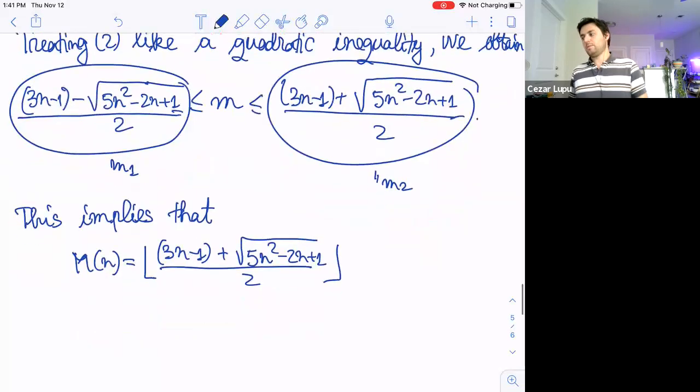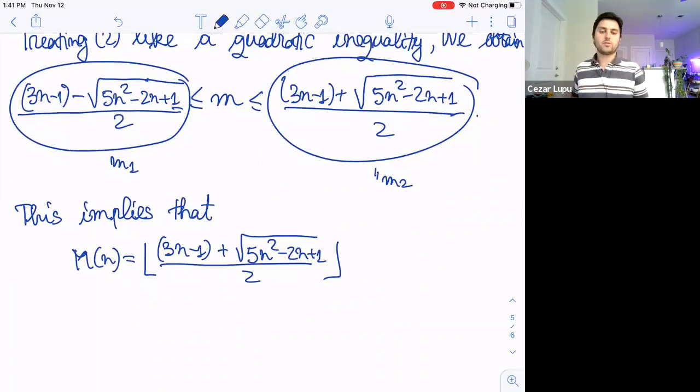So this is the largest integer, or Gauss function.